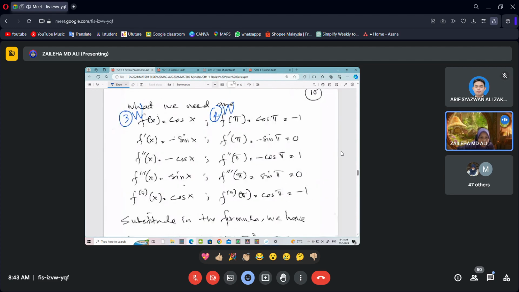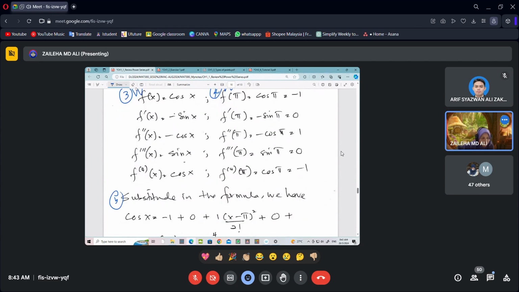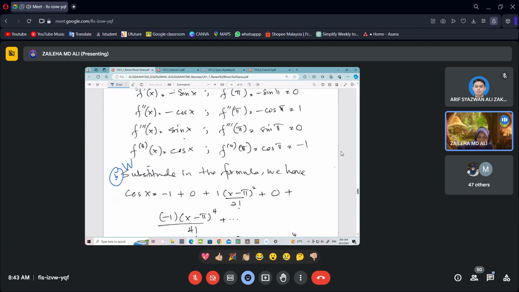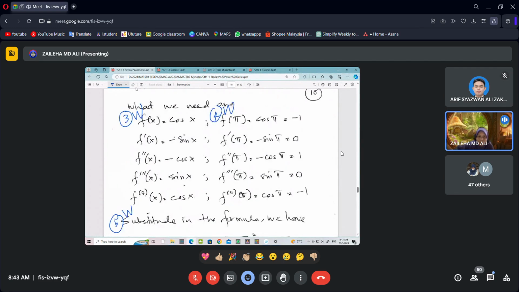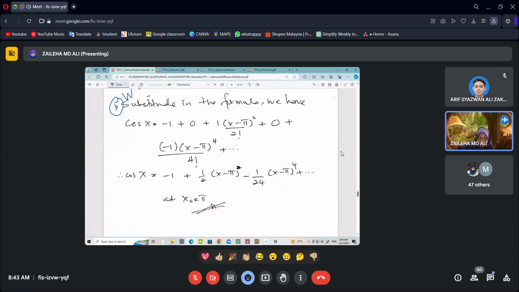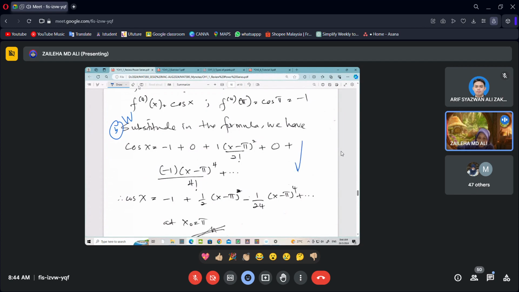And the fifth one is when you substitute, this still working. You substitute all the information that you get in 3 and 4, masuklah dalam ni. The expansion of the formula, the infinite, masuk semua sebiji, kan? Okay, and that you simplify.